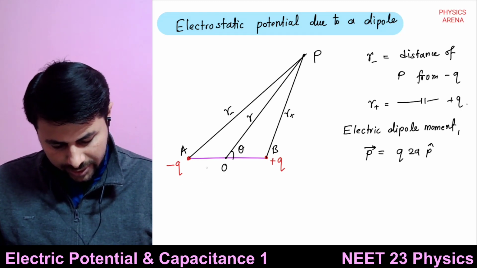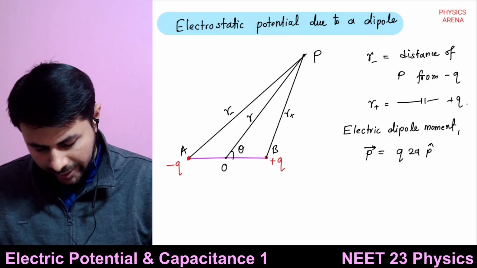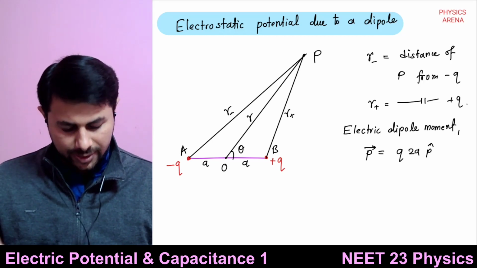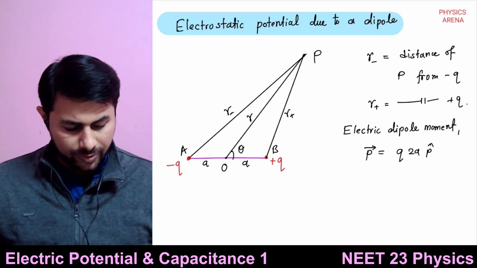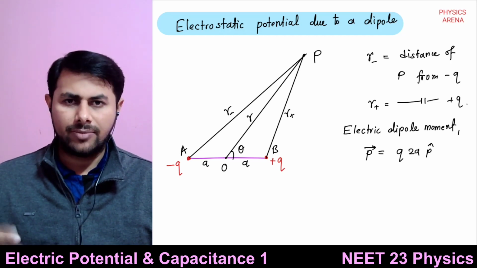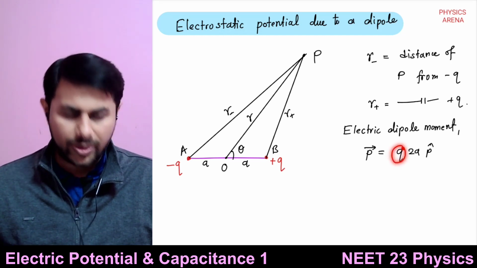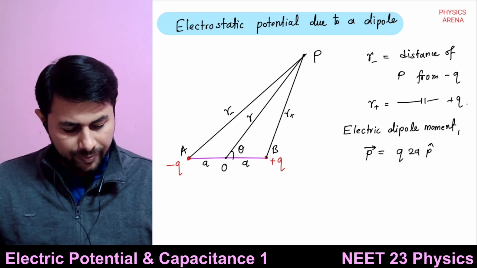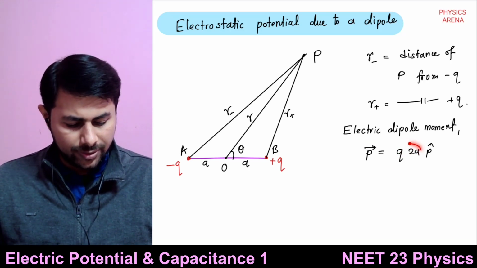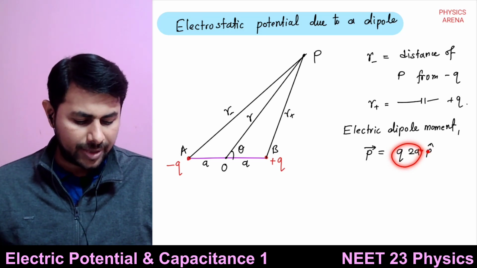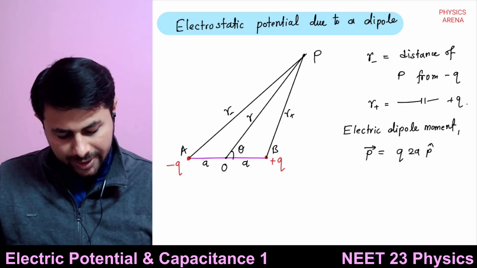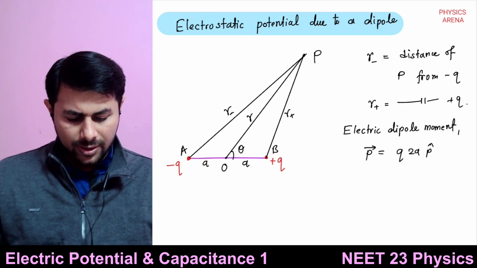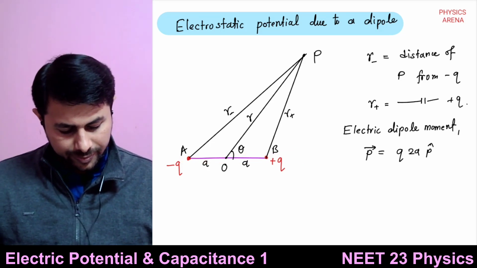This distance is A, so the total distance between the two charges is 2 times A. The electric dipole moment has a magnitude equal to the magnitude of one of the charges multiplied by the distance between the two charges, and P cap is directed from minus Q to plus Q.